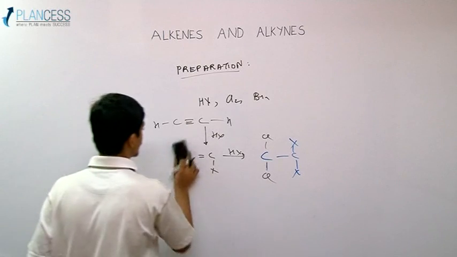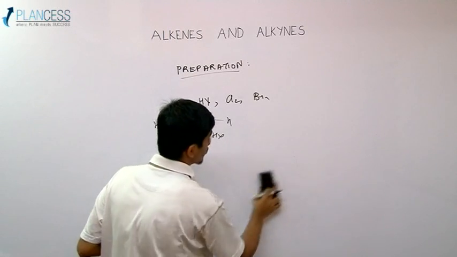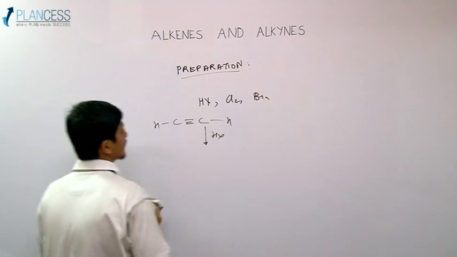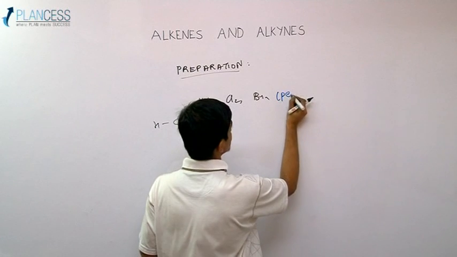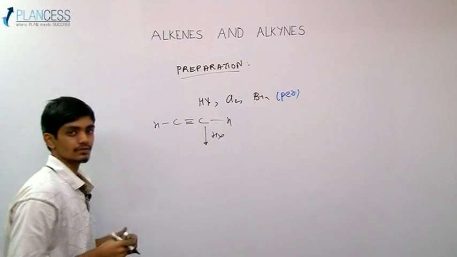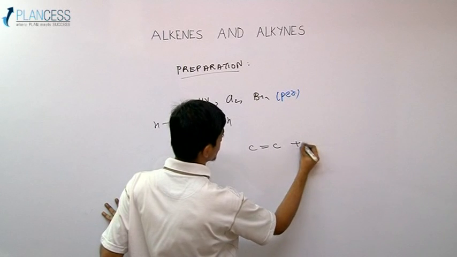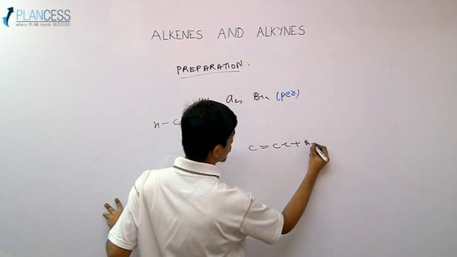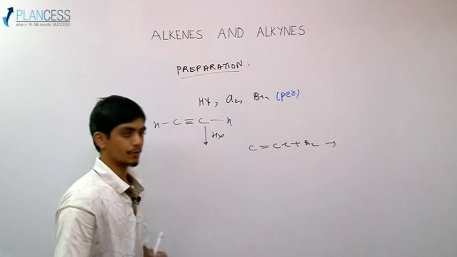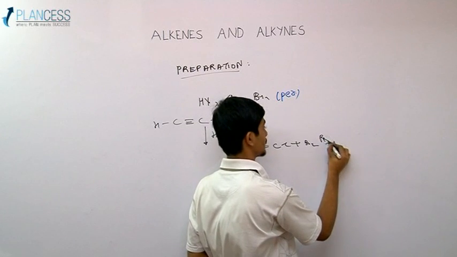That is, if you use peroxide, as we have noted in case of alkenes, that this thing plus Br2 gives the anti-Markovnikov product in the presence of peroxides.